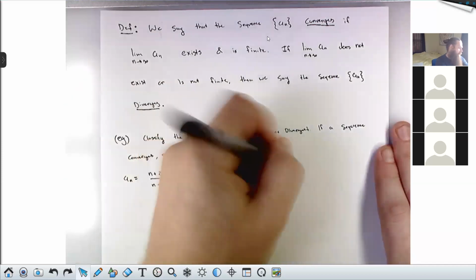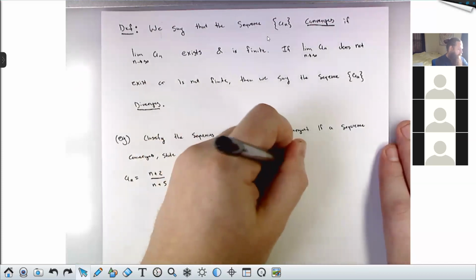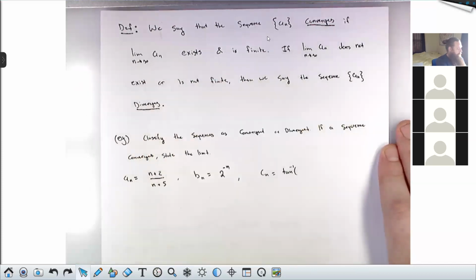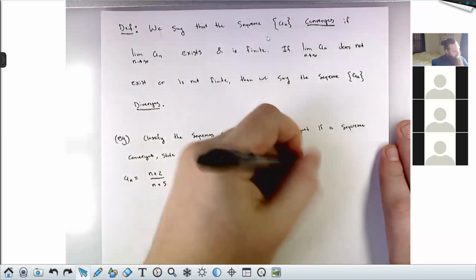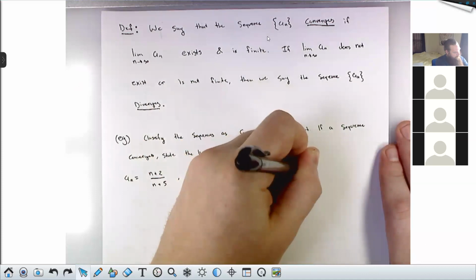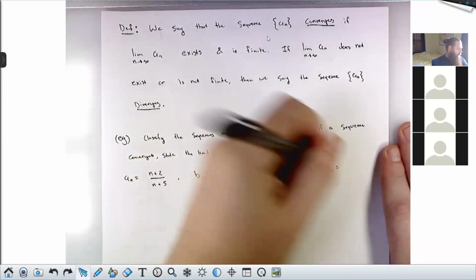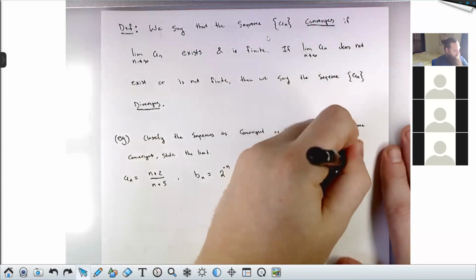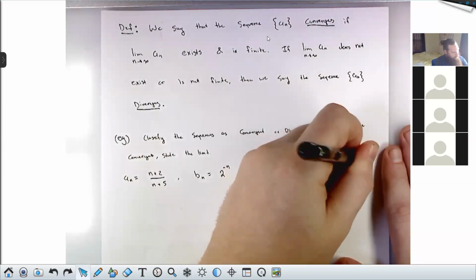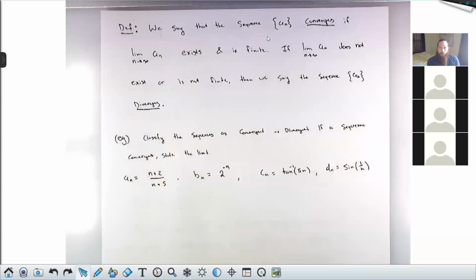Cn equals the inverse tangent of 5n, and dn equals the sine of 1 over n. Each of these can be handled using the tools you know from Calc 1. But you have to remember your Calc 1.